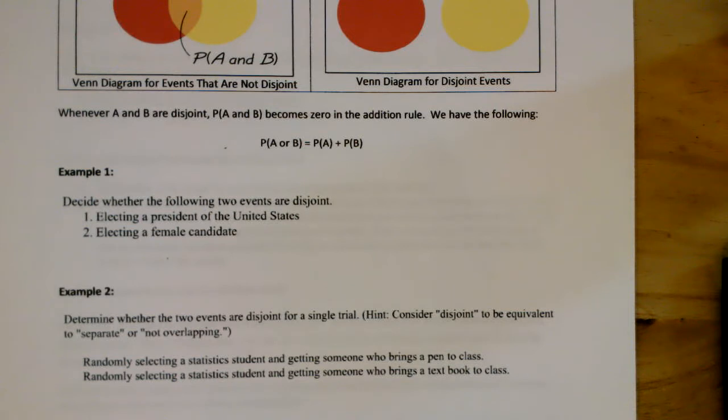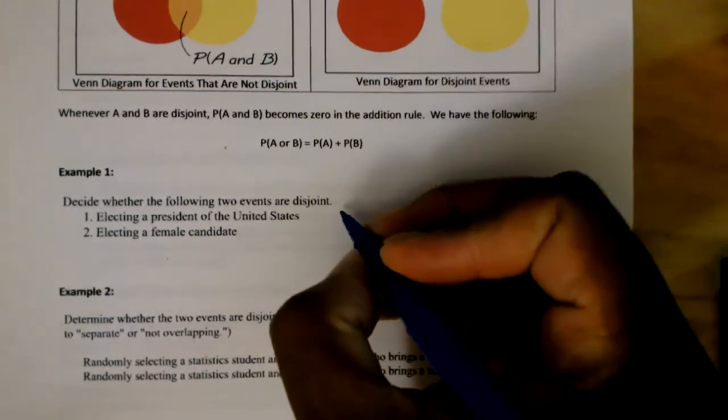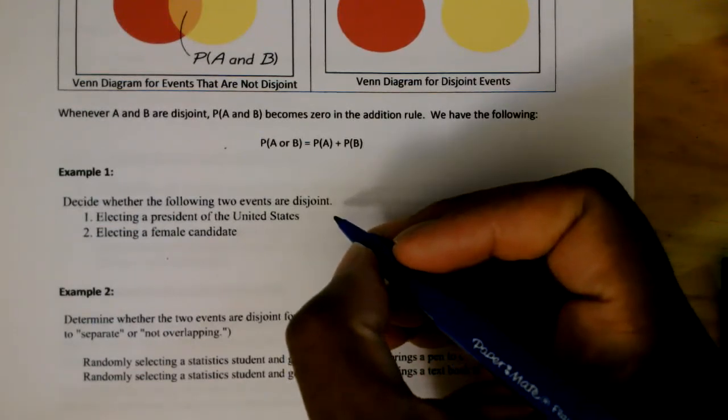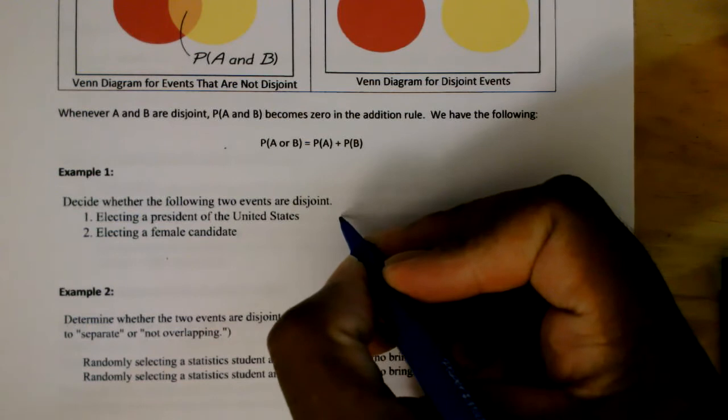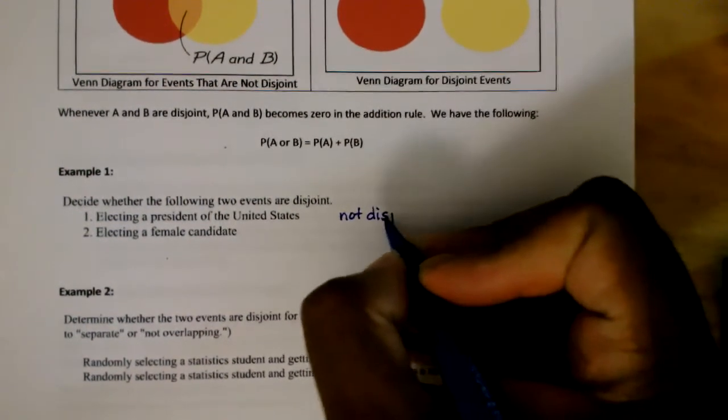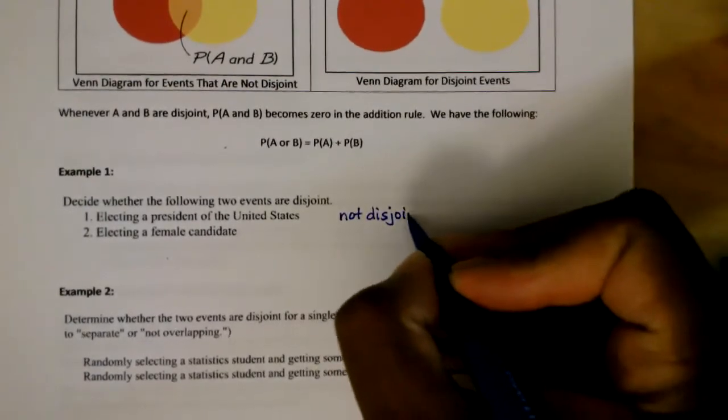It is possible that if we elect a president of the United States, that president could be a female candidate. So those two events are not disjoint, because it is possible for the president of the United States that a person elects can be a female candidate. So this is not disjoint.